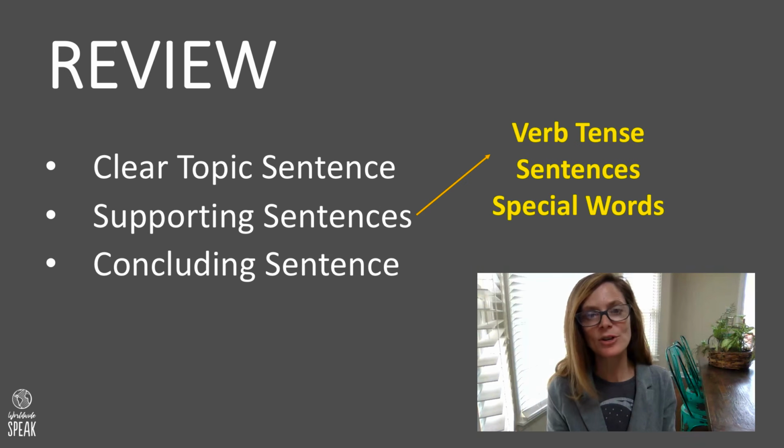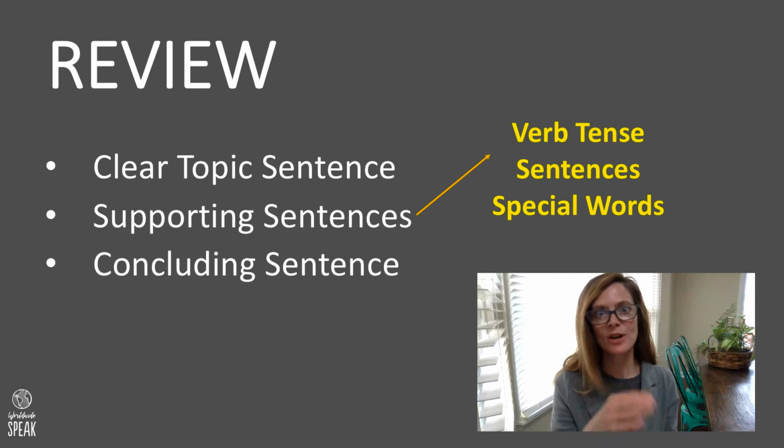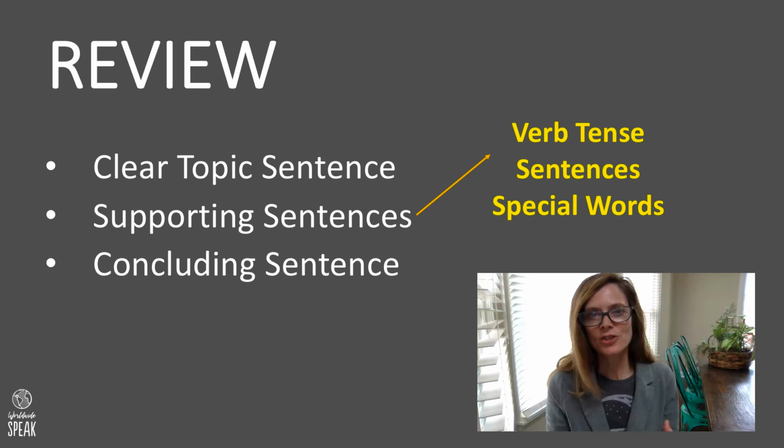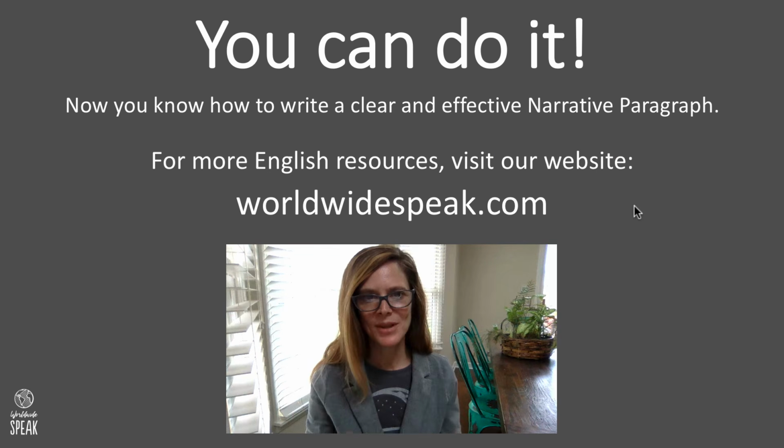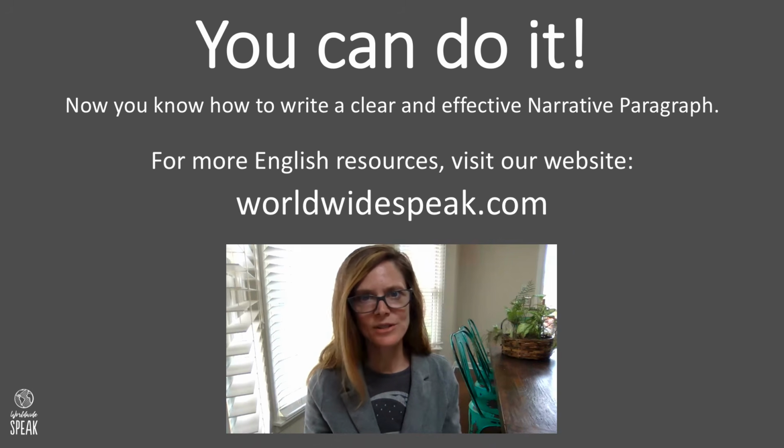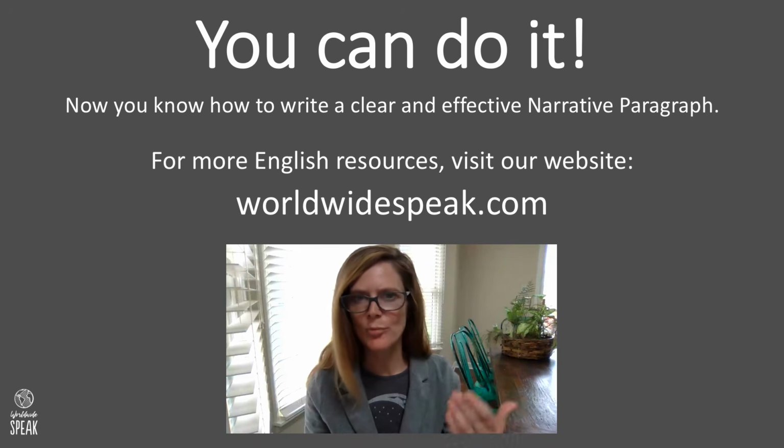And then you have a concluding sentence that wraps up the paragraph and shows the reader what you learned or what was important about the event. You can do this. You can write a clear and effective narrative paragraph. You can tell your story with lots of details that connect on an emotional level with your reader by telling the reader how you feel.